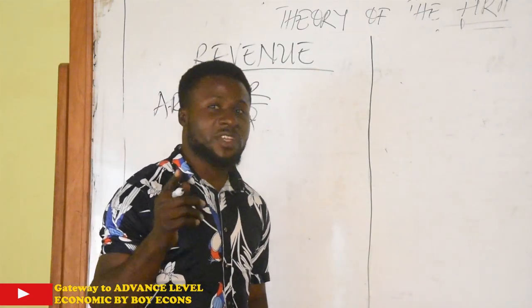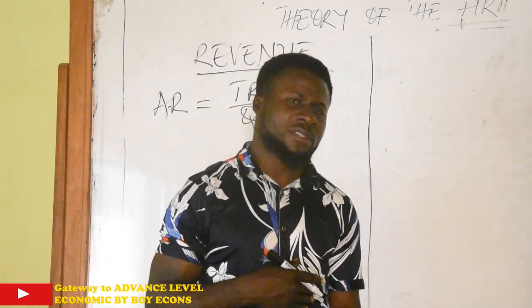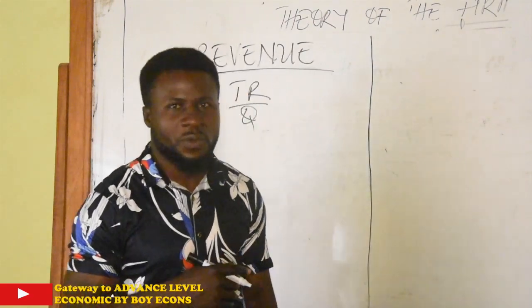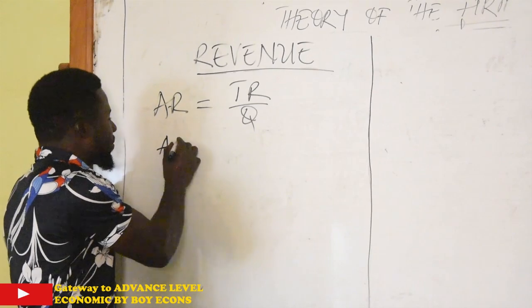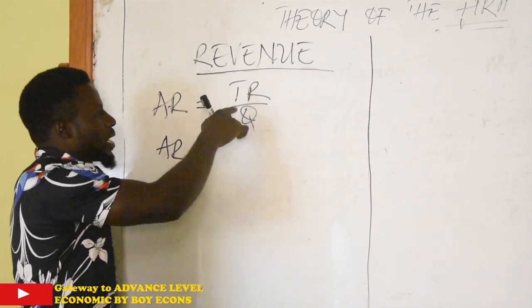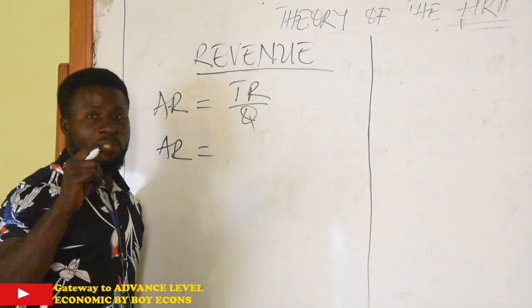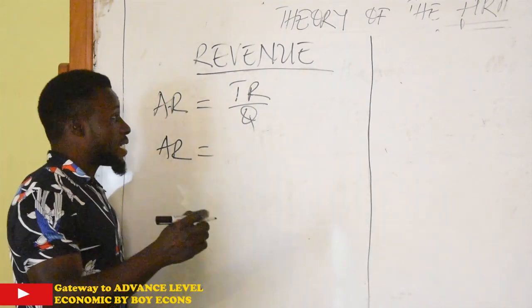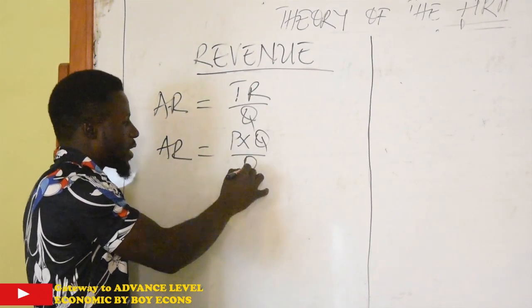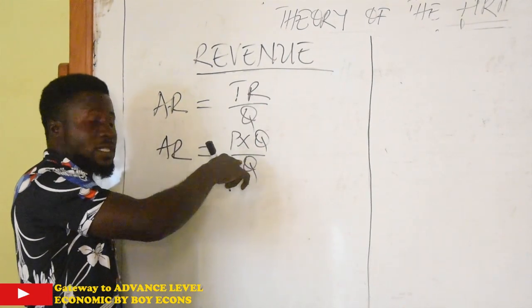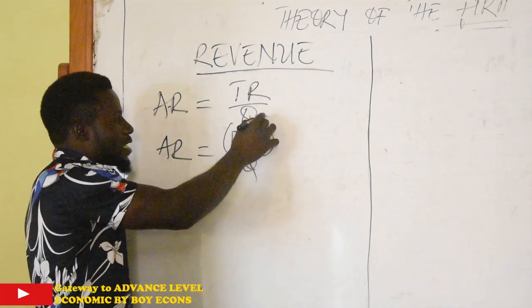But mind you that average revenue is the same as price. Why do we say that average revenue is the same as price? It is simple. Let me prove it to you quickly. Average revenue is total revenue divided by output. And we already saw that total revenue is price times quantity, which means that if I say average revenue is price times quantity divided by quantity, I have simply written this formula in another way, because we know that price times quantity stands for what?